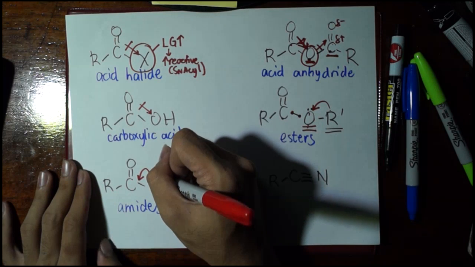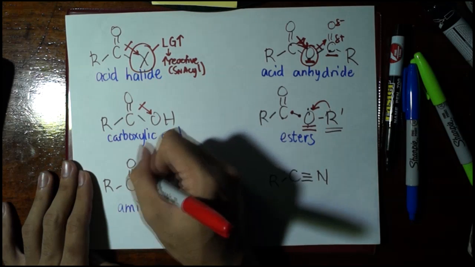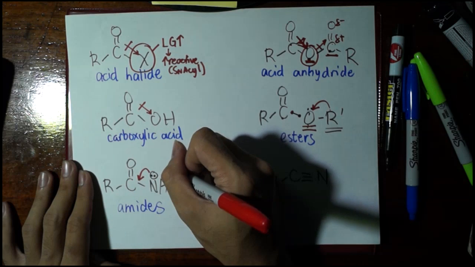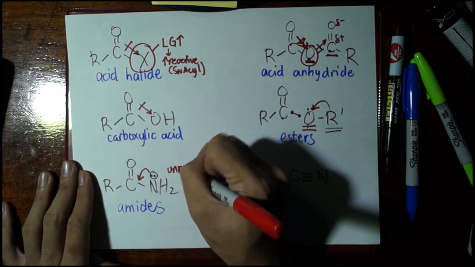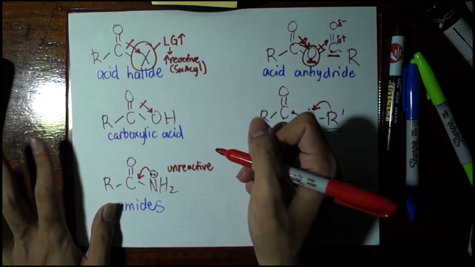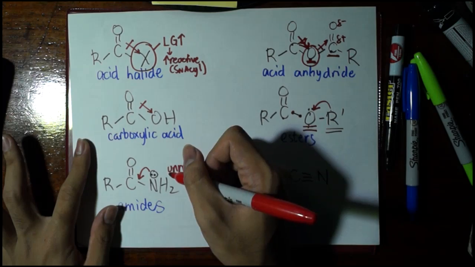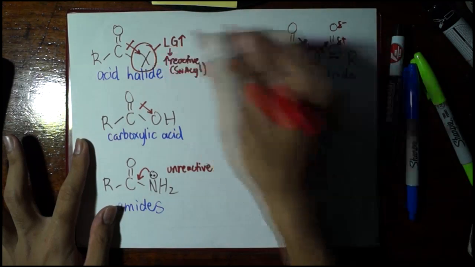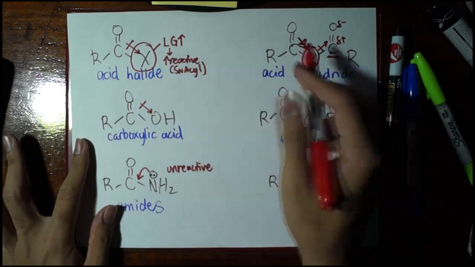So its capability to donate electrons to this carbon makes it very unreactive. It's very stable because nitrogen has no intention of being a good leaving group. It will stay as is. So meaning I've actually arranged it in order of decreasing reactivity.